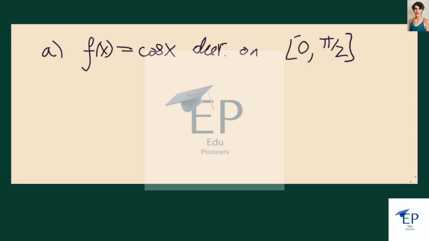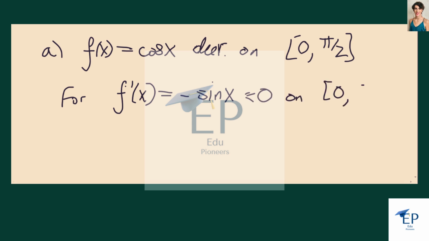Alternatively, you could prove this by taking the derivative f prime of x, which is equal to negative sine of x, which of course is going to be less than 0 on the interval 0 to pi over 2. Well, the open interval is 0 to pi over 2.